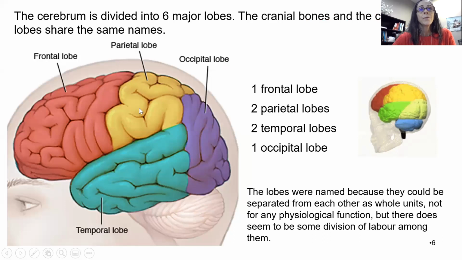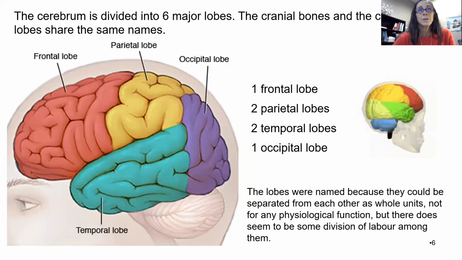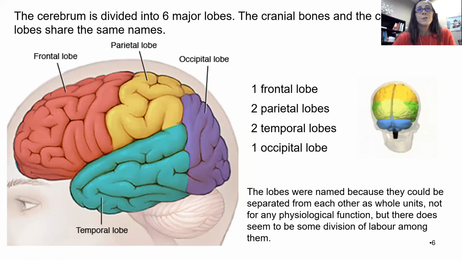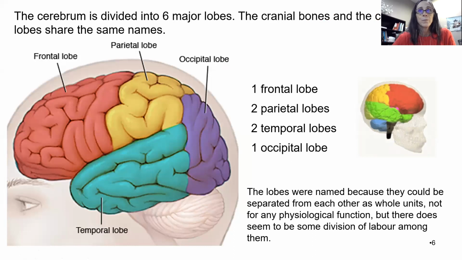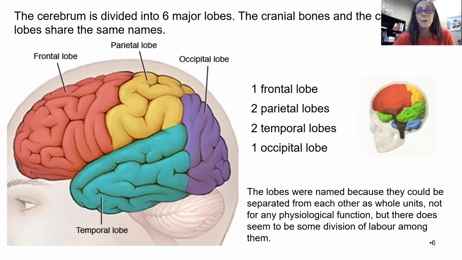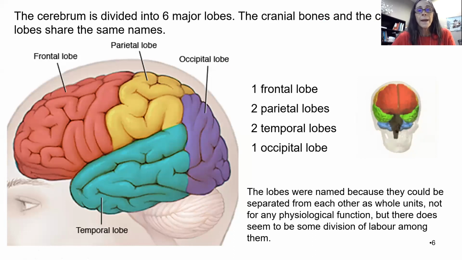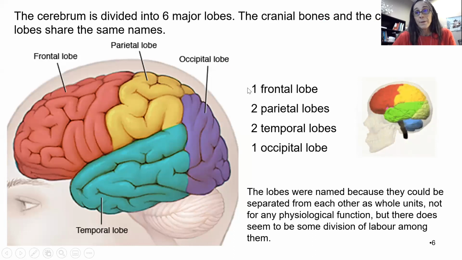Now further, what else do we want to talk about? The cerebrum is divided into 6 major lobes. And the lobes are named per the bone layer above. So they're above the cranial bone.